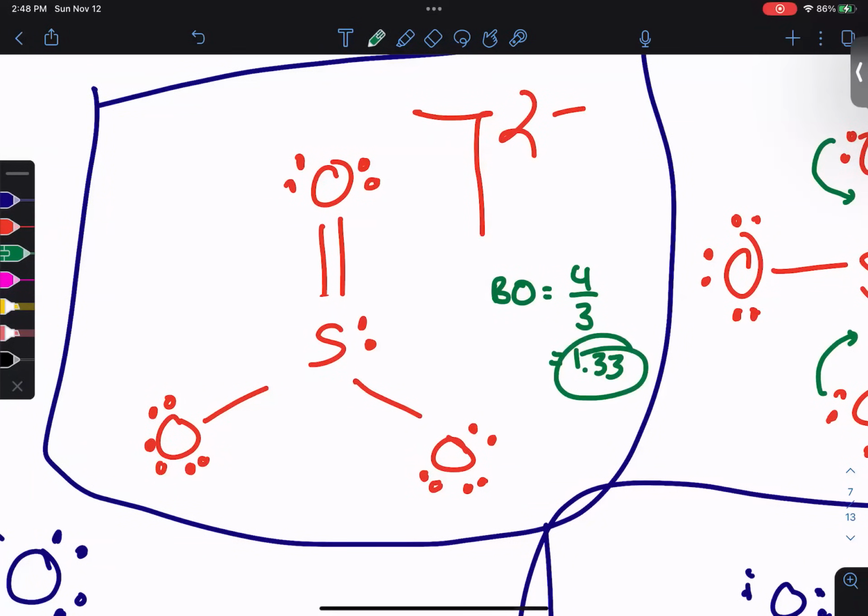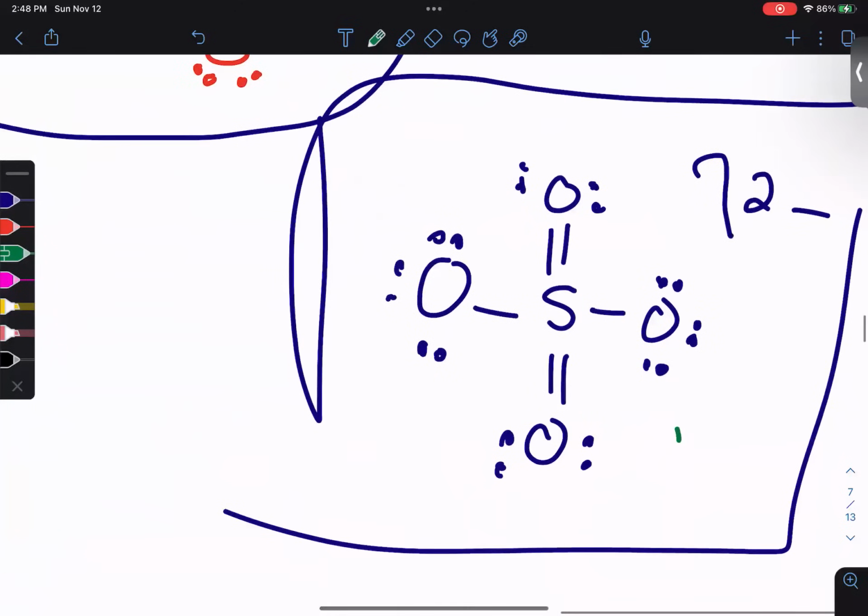Right? So with that same idea in mind, what is the bond order in this one? Are the double bonds only in these 2 top and bottom positions? No, they can be in any of the positions. So we're not going to see a bond order of 1. We're not going to see a bond order of 2. We're going to see a bond order somewhere in between. But now the trick is, okay, well, how do I calculate the actual bond order for this Lewis structure?